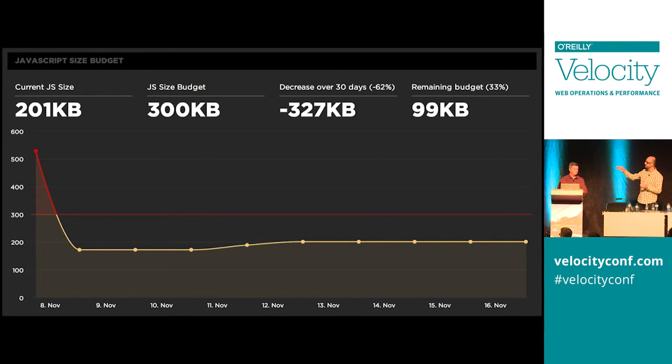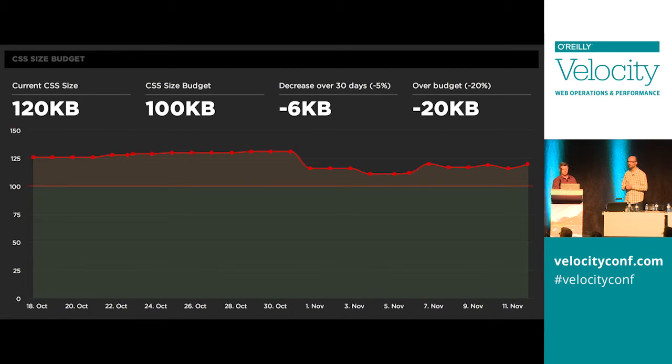And you can see here that right at the beginning they set a budget and they set about stripping out as much content as they could out of their JavaScript here. And then you slowly see it start to grow again. So that idea of actually monitoring development right from the beginning. And we can see that here on the next one where we're talking about a CSS size and someone struggling to get that back down under a particular budget as well.